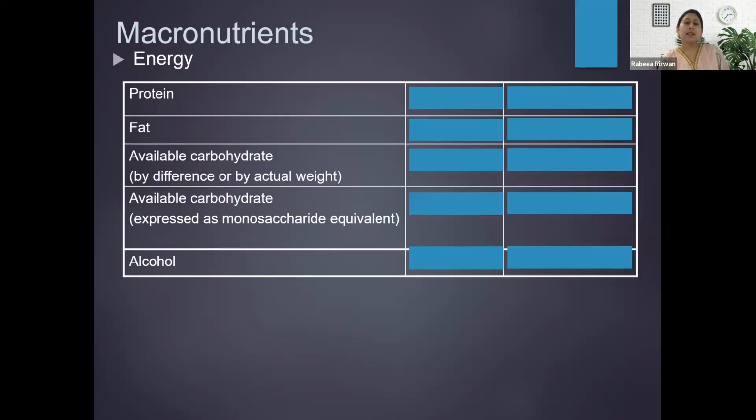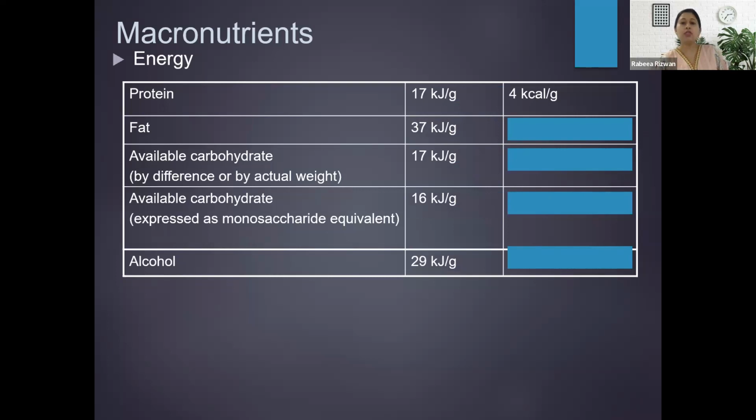Here is an exercise on the specific energy values of these macronutrients that we need for our daily life. For proteins, it would be 17 kilojoules per gram, for fat 37, for carbohydrates in monosaccharides 17, and for overall carbohydrates 16, and alcohol 29 kilojoules per gram.